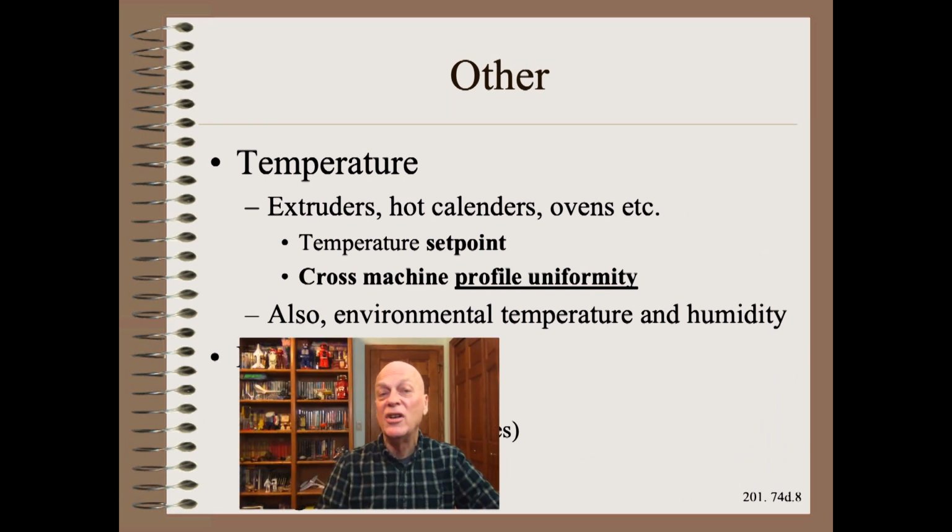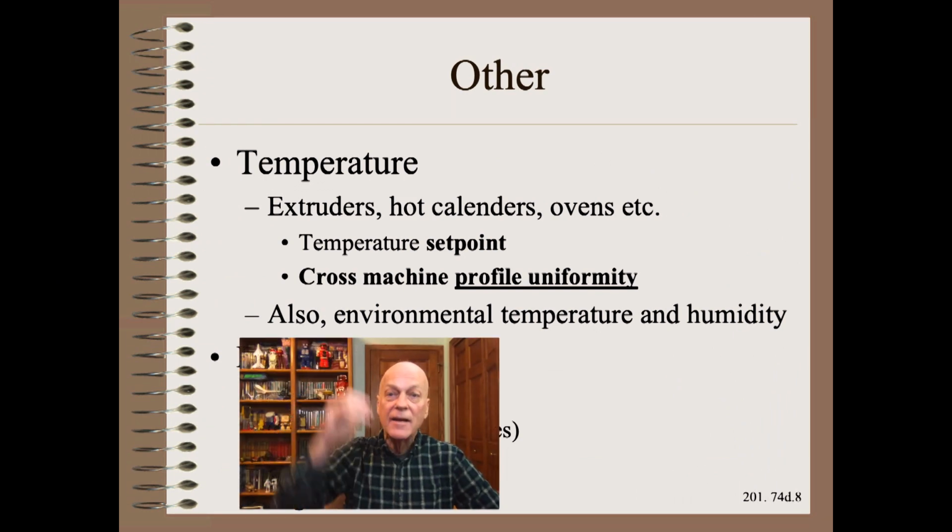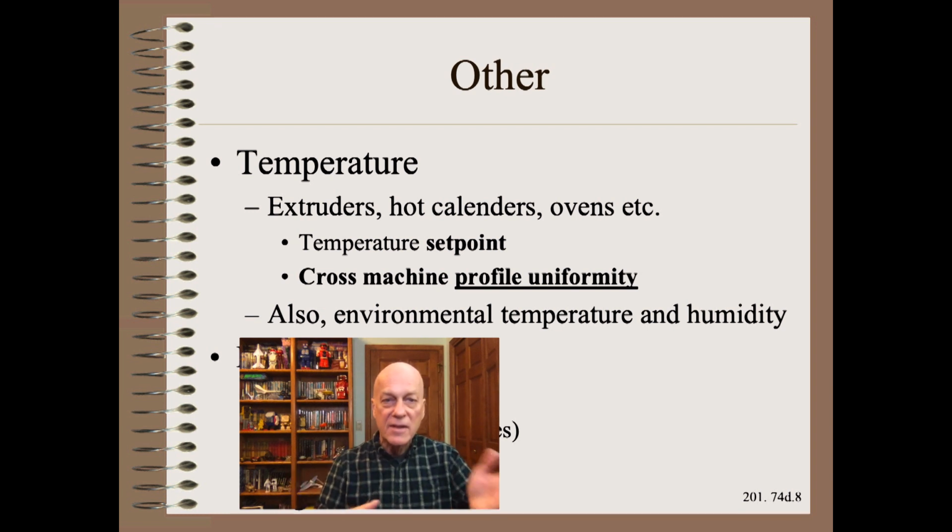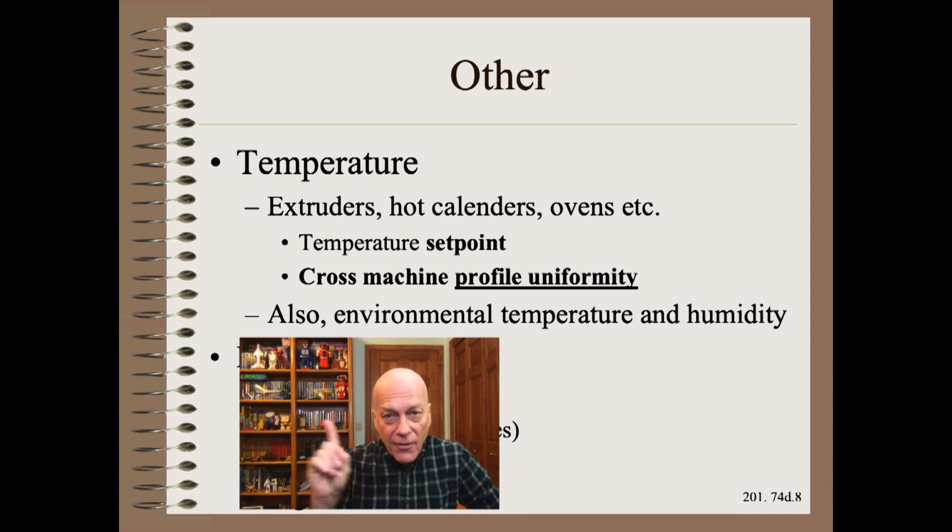If a machine temperature is elevated, such as on extruders, calendars, ovens, and the like, it is almost always one of the most important controls in your plant. Two things are important. First is the optimum temperature set point, which is very application dependent.